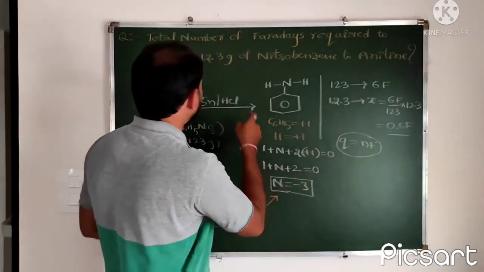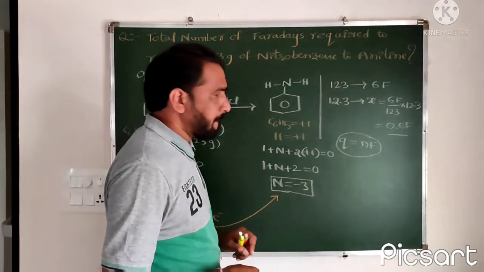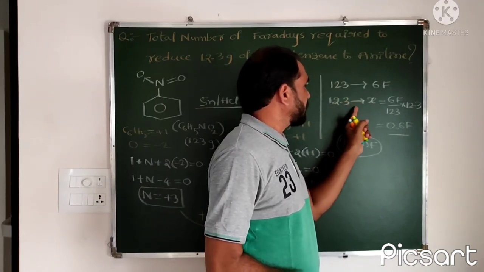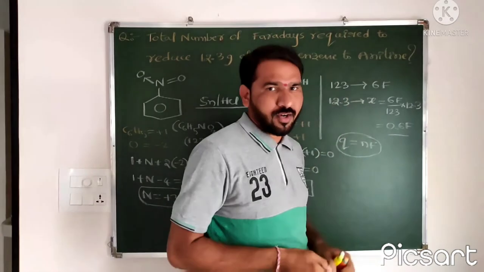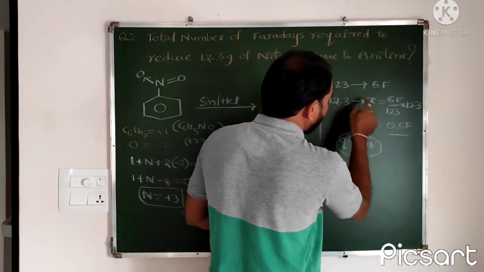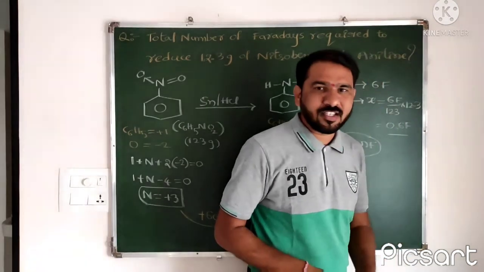But what did the question ask? 12.3 grams of nitrobenzene. So for 12.3 grams of nitrobenzene, how much Faraday is required? That equals 6 Faradays divided by 123, into 12.3. It results in 0.6 Faradays.